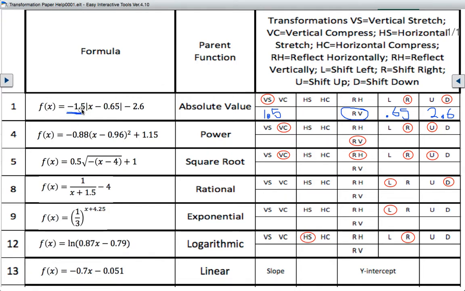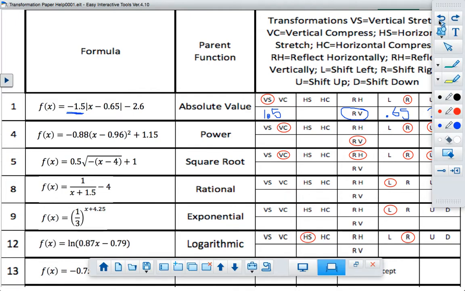Anytime you're multiplying the function type by some number, that's going to be a vertical stretching or compressing. But anytime you multiply the x value itself by some number, that's when you're going to have horizontal stretching, compressing, or reflecting. Okay. Let me get rid of those lines, and then we'll move on to our power functions.